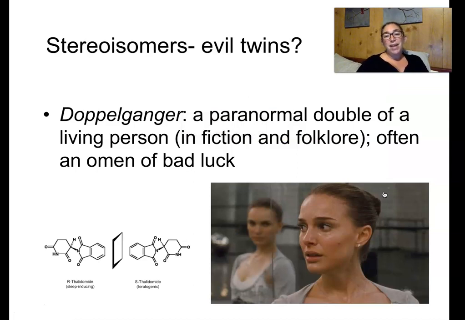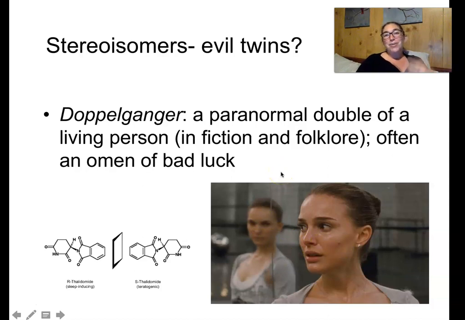And this is just my jokey slide that I like to think of stereoisomers potentially as evil twins of each other. I never saw the movie Black Swan, but Natalie Portman's character has an evil mirror image.